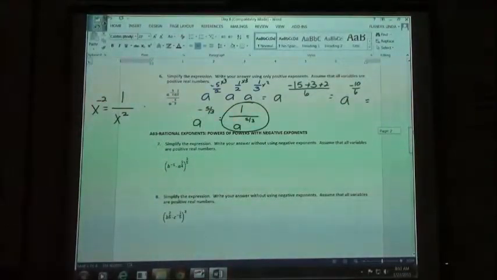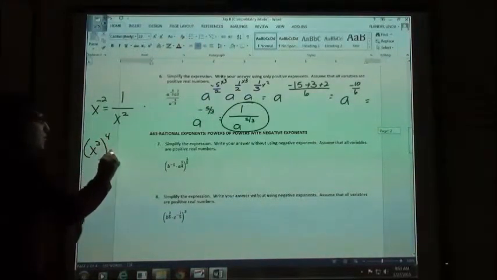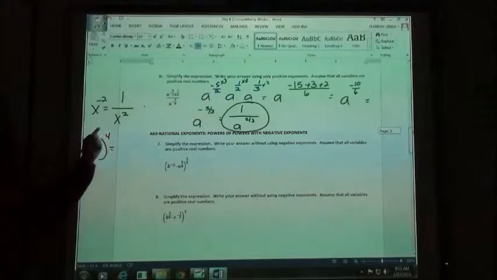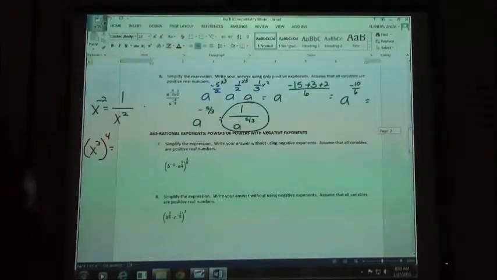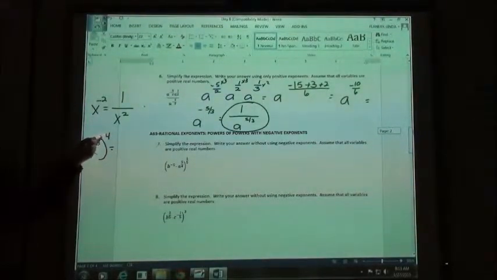7, 8, and 9 are your rules for raising to a power. Think about when I had x to the third power and I raised it to the fourth power. What did I do with my exponents? What's my rule when I raise to a power?